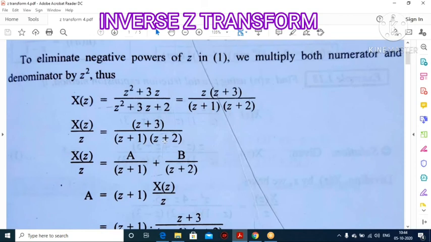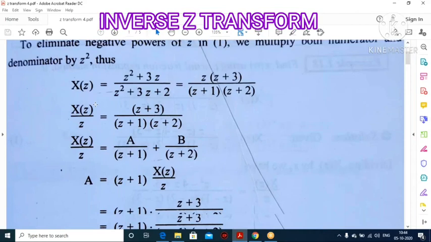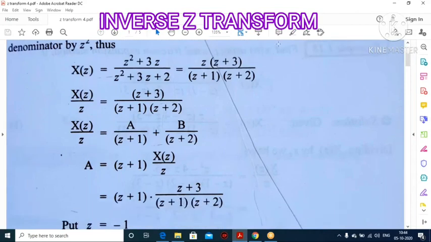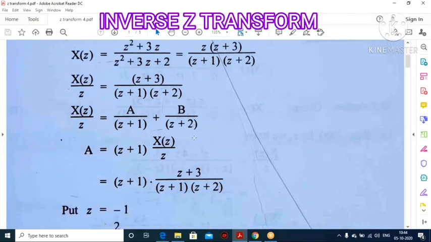Am I clear? You keep X(z) divided by z. By partial fractions, this is A/(z + 1) + B/(z + 2). Now in this equation we find the A and B values.